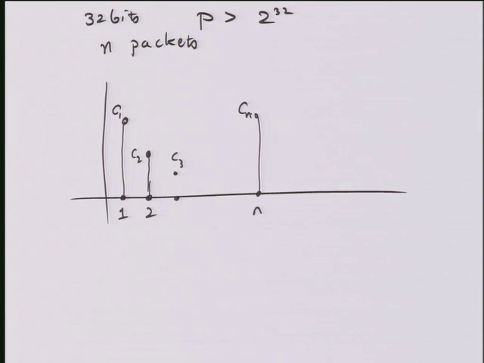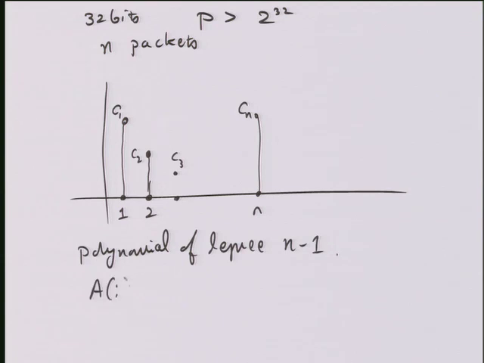Okay? So now, we want a polynomial that passes through all these points. What should the degree of the polynomial be? n minus 1. So we pick a polynomial of degree n minus 1, let's call that a of x, such that a of j equals c sub j.